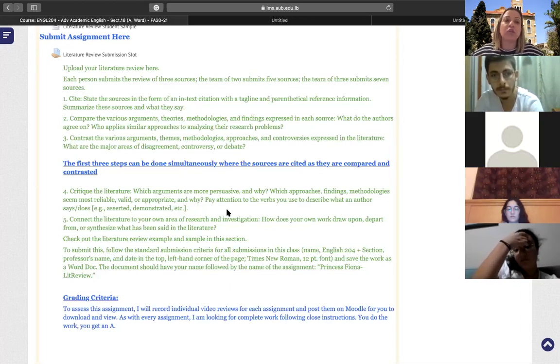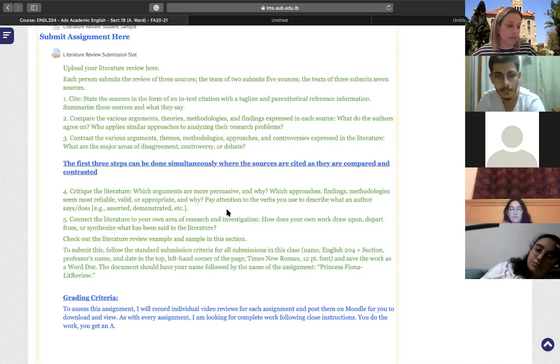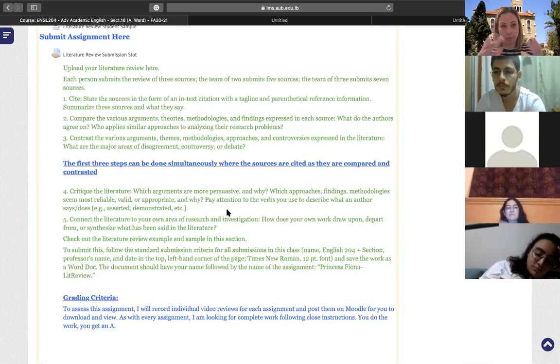However, the matrix makes it a lot easier in the sense that once you put it all in there, you plug it in, it becomes easier to see what parts align, what is different, what works, what doesn't work, etc., etc. The other good thing about the literature review is that whatever you use in the literature review, you can always use to support your arguments and claims later on.